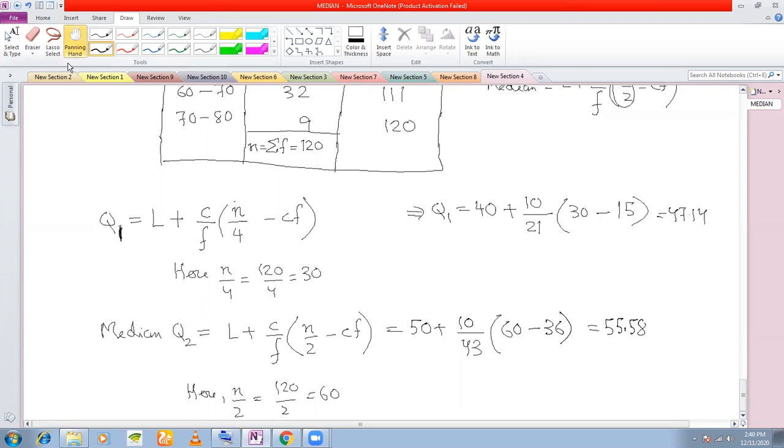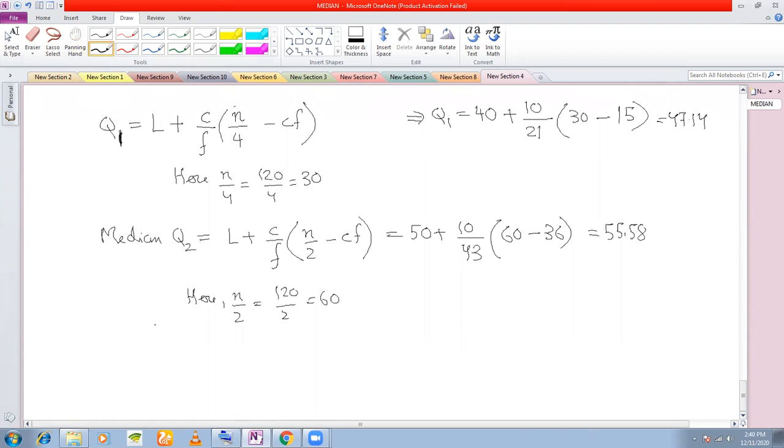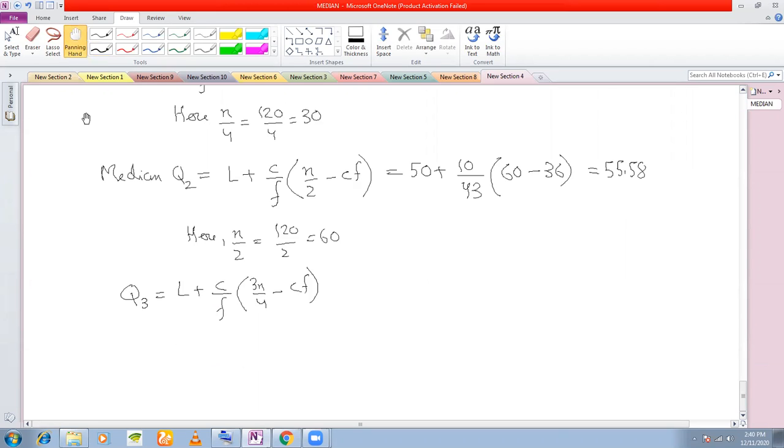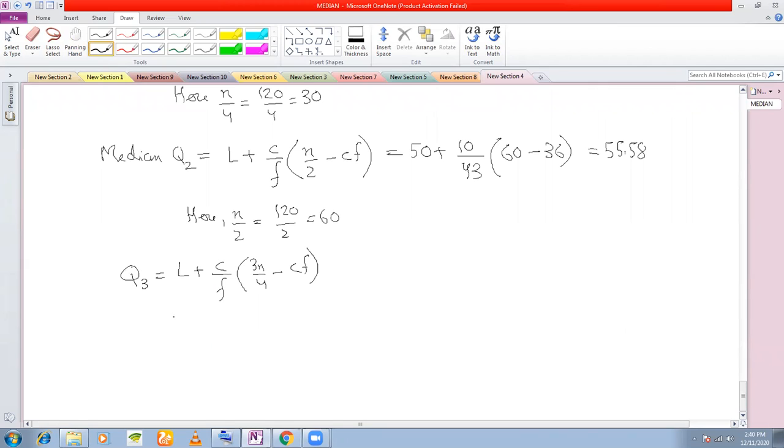Okay. And Q3 you can do on your own. L plus C by F, 3N by 4 minus CF. What is 3N by 4 here? 3N by 4 is 120 into 3 by 4, 90.